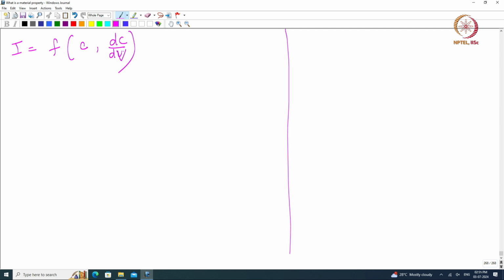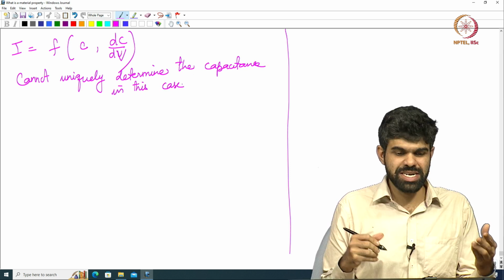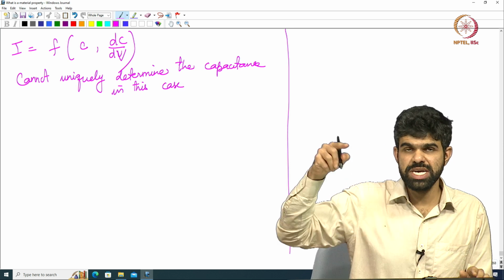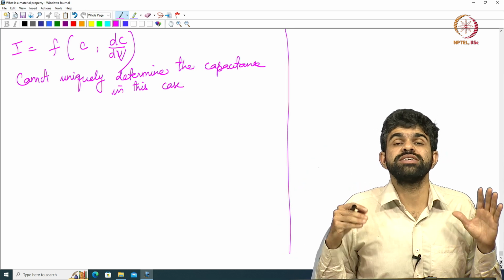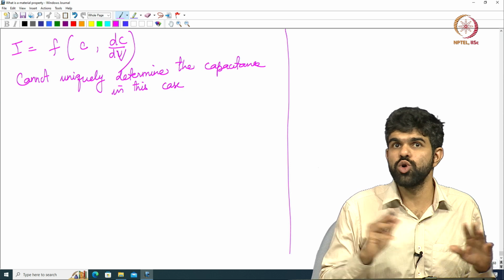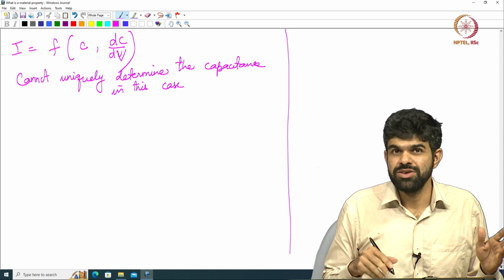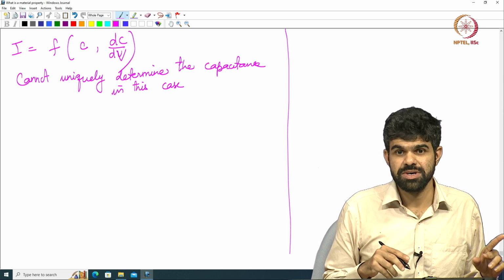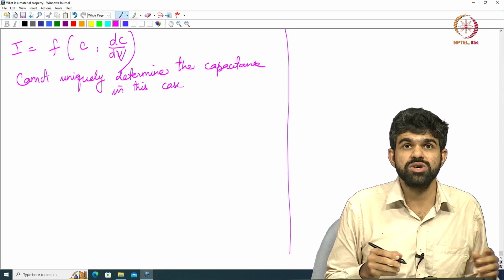So, I cannot uniquely determine the capacitance in this case. I can measure the current, I can fluctuate the voltage sinusoidally, but I cannot uniquely determine the capacitance. Capacitance is not the slope of the Q versus V, right. That is not how I get capacitance.